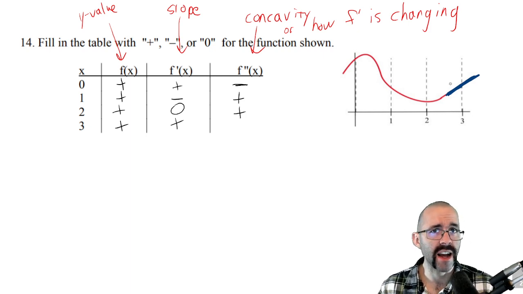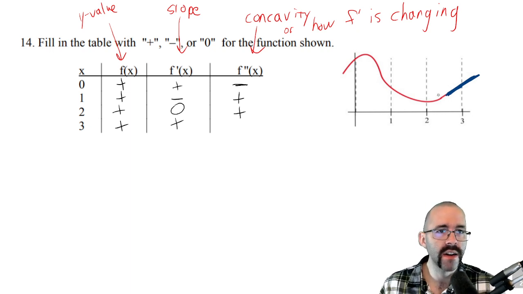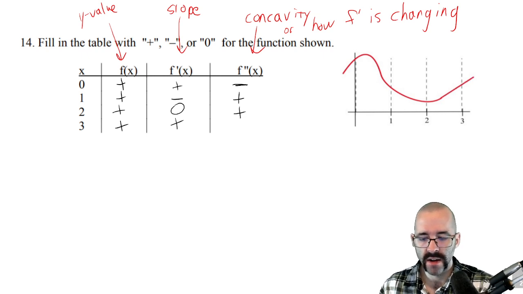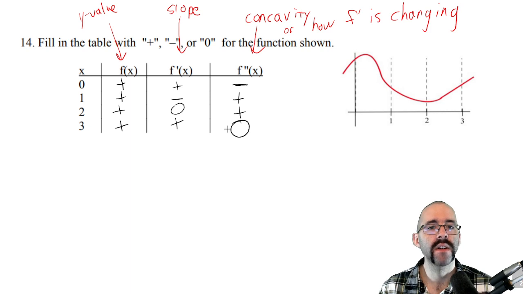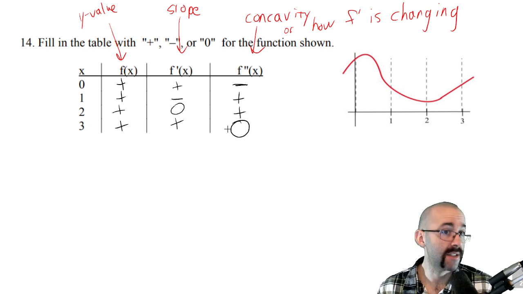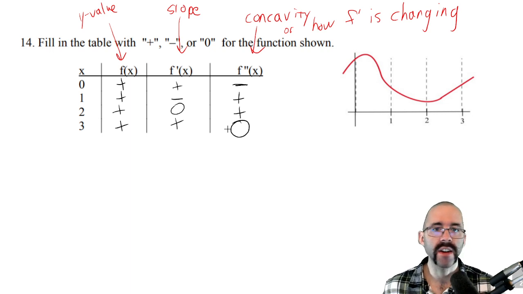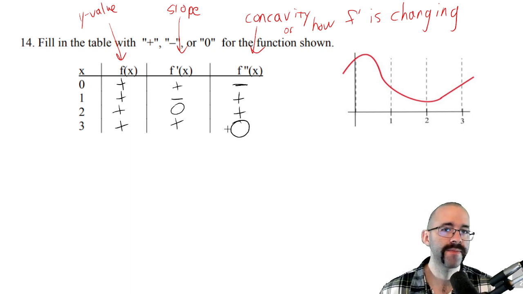Well, that's the thing about lines. They have the same slope everywhere. The slope is not changing at all. It's 0. It's neither concave up nor concave down.